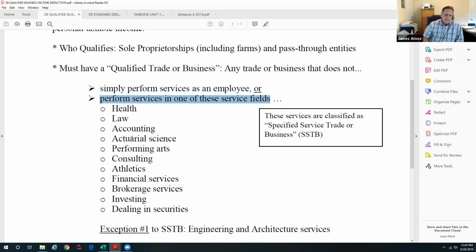Performing arts, actors, musicians, consulting, athletics, financial services, brokerage services, investing, dealing in securities. So if you're performing services in one of these fields, are you a qualified trade or business? Yes.